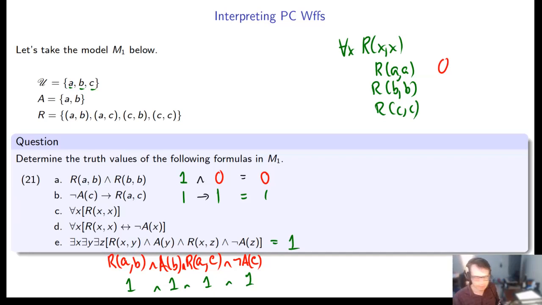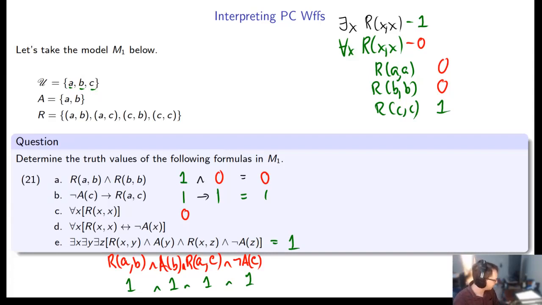But we don't have RAA, so we can just say that's false. We don't have to keep checking. If you want to keep checking, you can. You'll find there's no RBB, but there is RCC. So what you could say then is that there exists an X, RXX. That one's true, but for all X, RXX, that one is false.